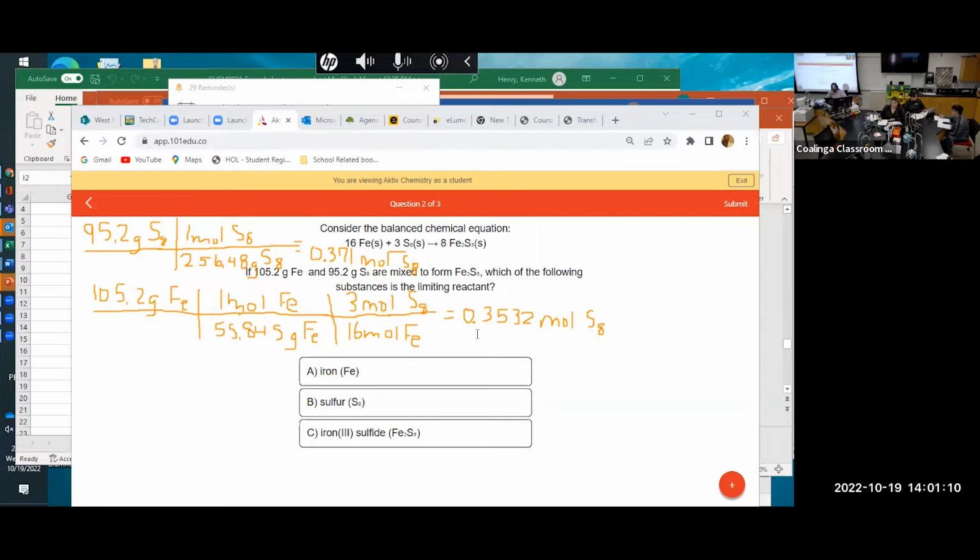So remember when I told you about what we need and what we have? This is what we need to react with all of the iron. So this is the sulfur needed to react with all the iron. This is what we actually have.